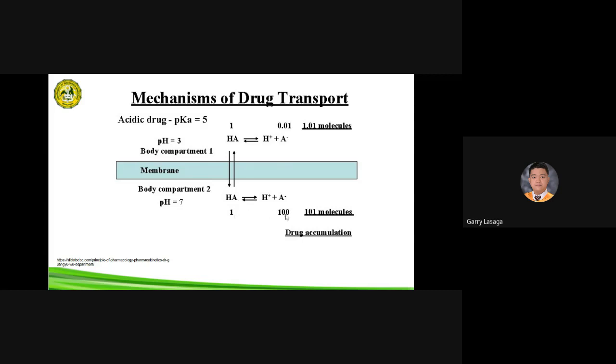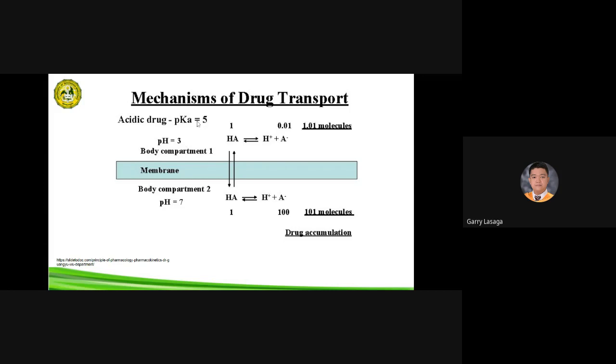So notice here that we have a logarithm of 10 or a power of 10. For every increase or decrease in the pH of the environment, there is also a tenfold increase or decrease in the proportion of the ionized and the unionized form of the drug. So going back, our pKa is 5. When we decrease the pH to 3, 5 minus 3 is 2.